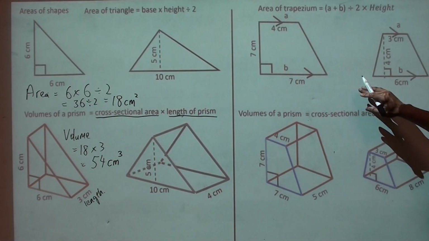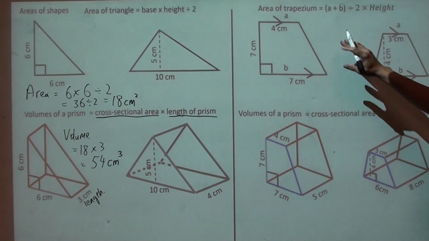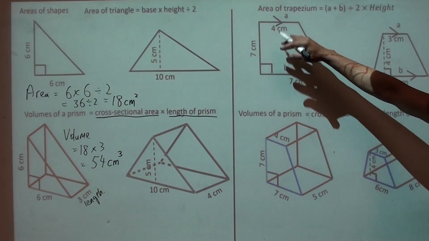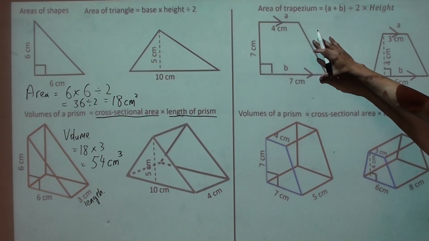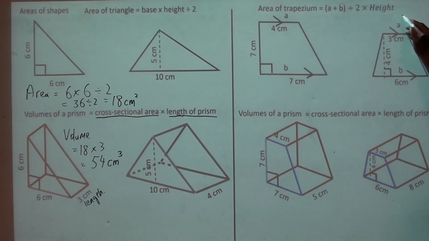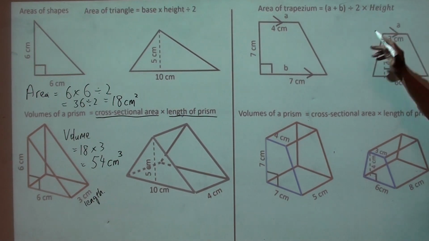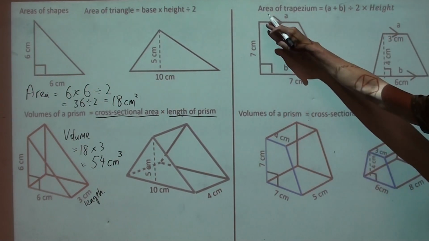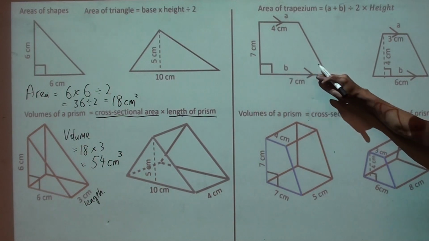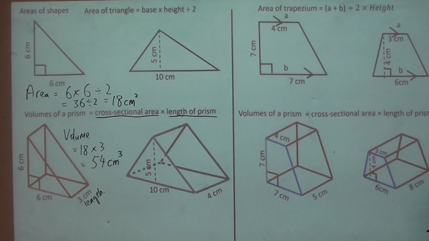Over here, I'm going to repeat the same process. We have a trapezium over here. The formula for the trapezium is (A plus B) divided by 2 times the height. A and B are the lengths of the parallel sides of the trapezium.